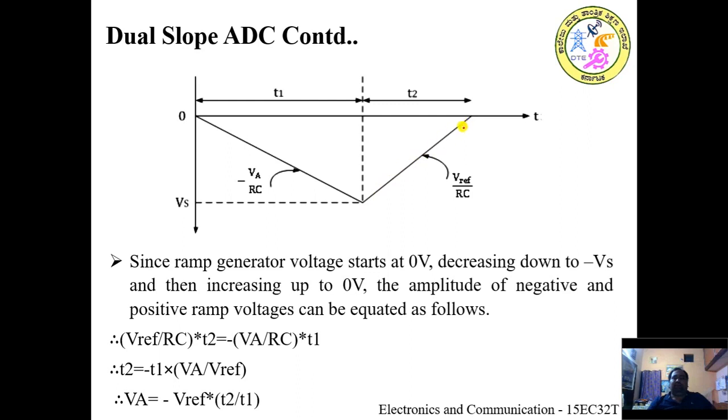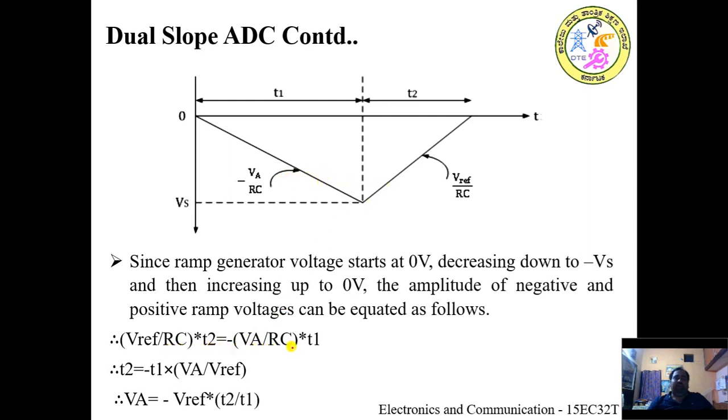Now if you compare the magnitude of these two slopes, they are equal, because for the unknown analog input voltage the slope has started its journey from 0 to minus Vs, and for the known reference voltage the slope has started its journey from minus Vs to 0 volt. The magnitude of these two slopes are equal, so I can equate the equations that govern the positive as well as the negative ramps.